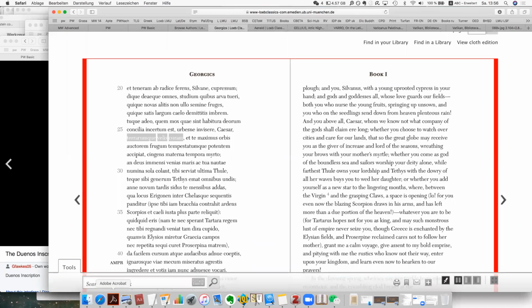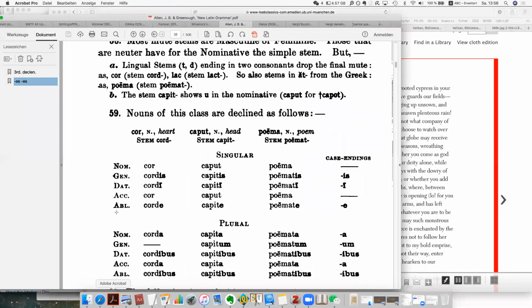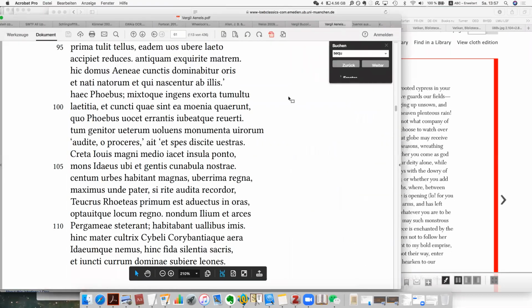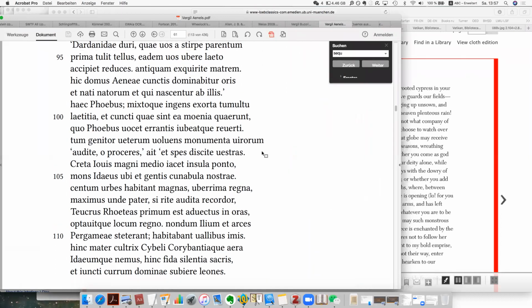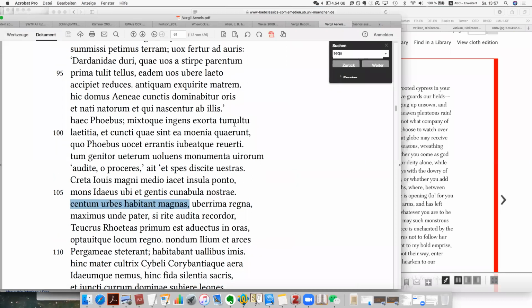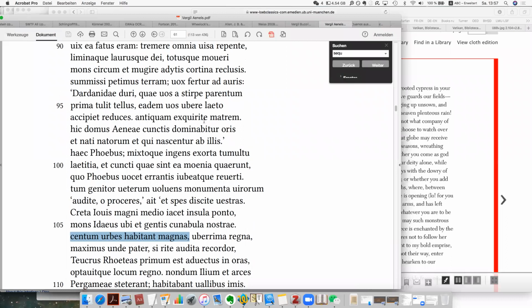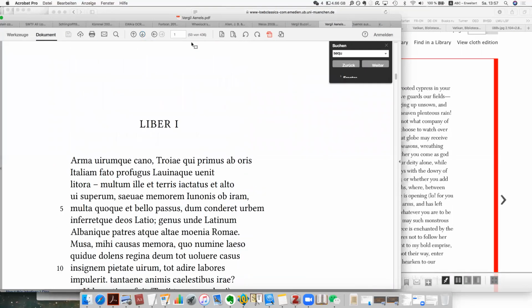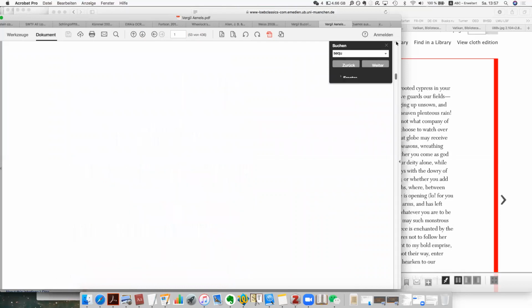And this is actually the Loeb edition. Let's check the edition. Yeah, so this is actually the edition. This is a critical edition. Let's check the title. I guess you all have this PDF.